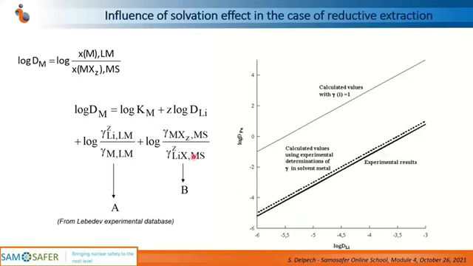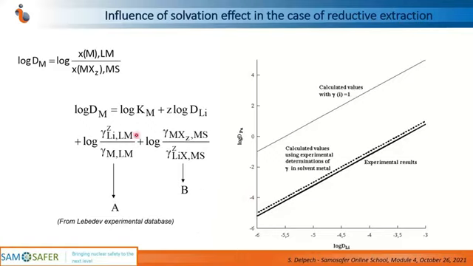At the same time, they did some calculations. We can express this distribution coefficient as a function of thermodynamic parameters and solvation parameters. After they did the calculation, considering that all the activity coefficients are equal to 1, they calculated this curve, which is very far from the curve obtained by experiments.